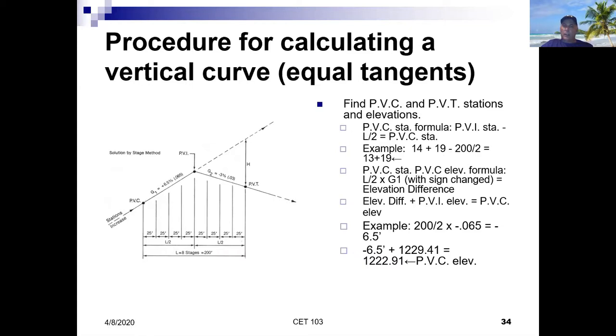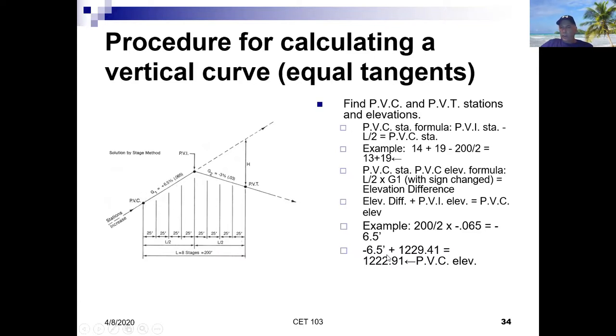How would you calculate the elevation at that vertical curve point? Well, we would calculate it by finding out our grade going in. We had a grade of 6.5%. What this simply means is that's 6.5 feet per 100 feet, or 0.065 per foot. If we take the 0.065 per foot, multiply it by the 100 feet right here, we know that there is a drop from this point to this point of 6.5 feet, because it's 6.5 feet per 100.